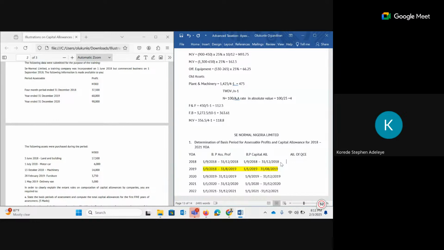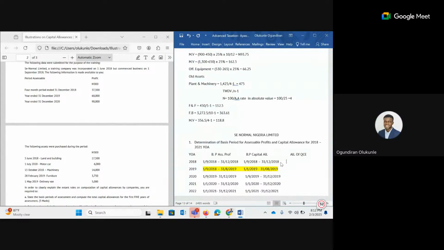Can I speak, sir? Yes, please go ahead. At what point do we say there's no basis period? Because I'm confused about that year 2020. In the previous question we had before, there was a particular period that we said there's no basis period. If you check that question very well, the question started in 2019. It is when you commence in 2019 that there will be no basis period.